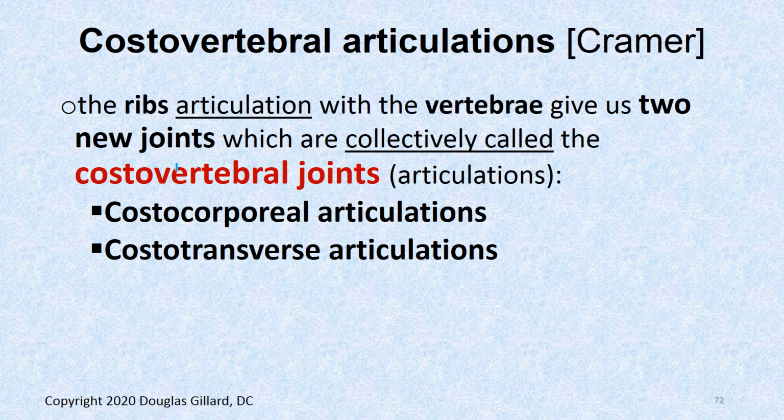Costovertebral joints is the main category, so that shouldn't be an AKA. So Cramer's correct in that. So the costovertebral joints have two subcategories: costocorporeal and costotransverse.